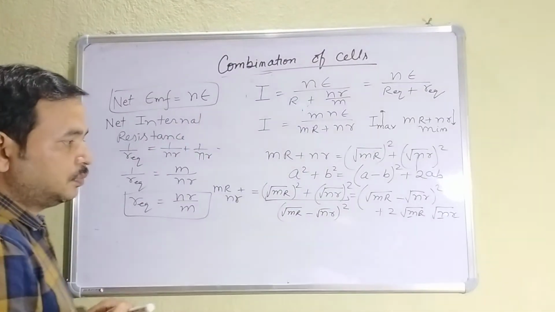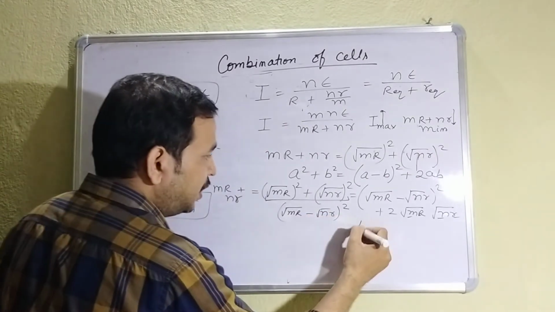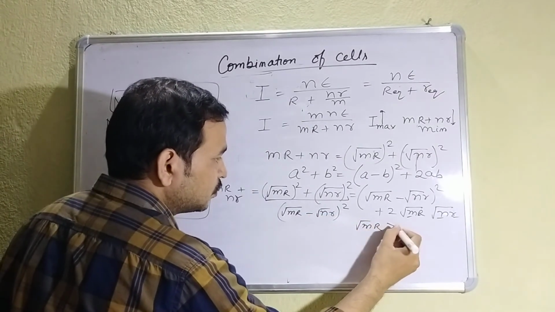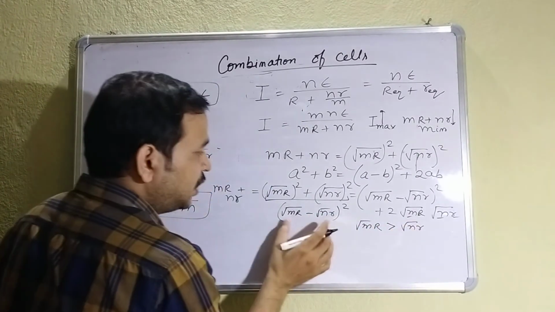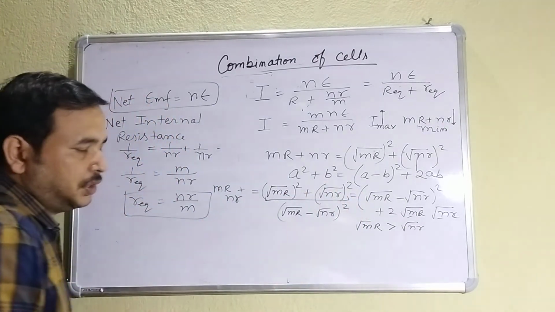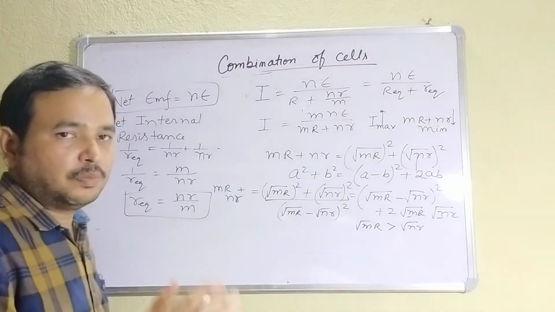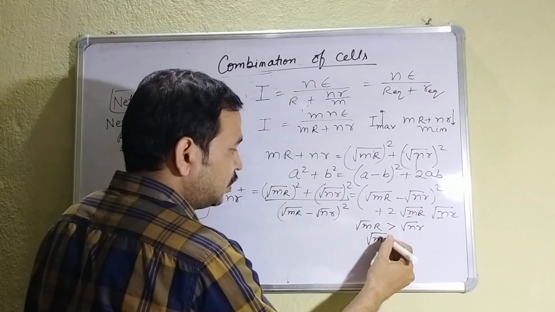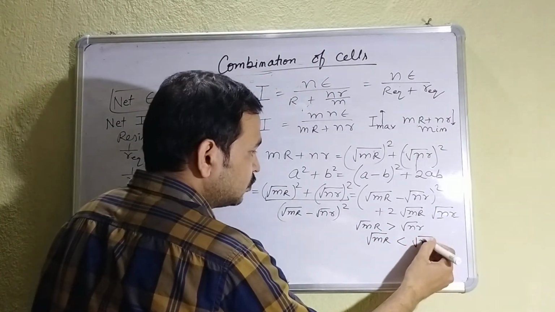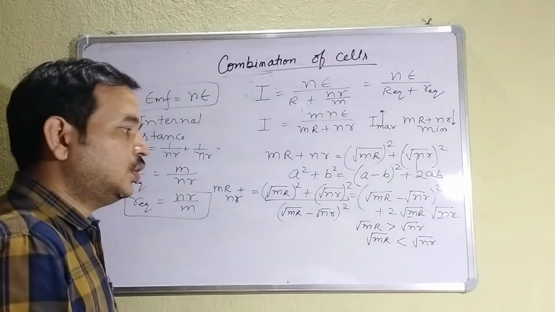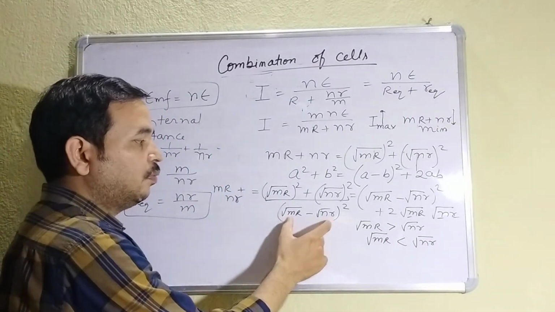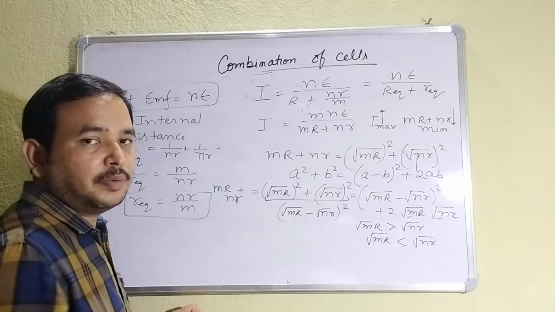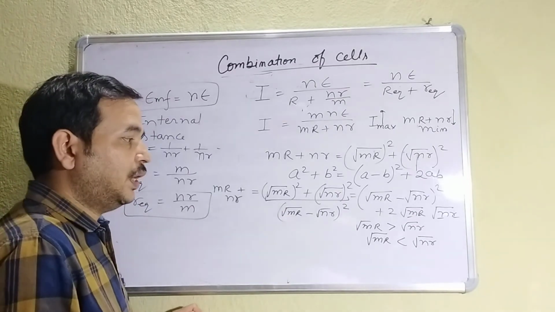For minimum, you can see, if this is greater, then it will have some positive value, and the square of that positive value will be some positive value. If this is less also, the magnitude will not change but a minus sign will come, but when you square, again you will get some positive value.